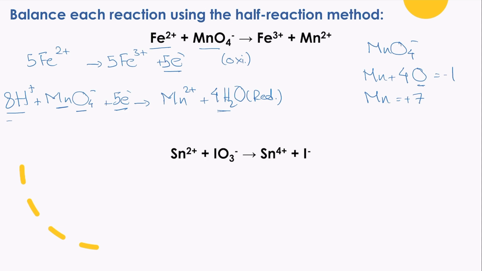Now we have to add the half reactions. Electrons will be cancelled out because the number of electrons produced from the oxidation reaction were used in the reduction half reaction. Now we need to add the reactants. So we have 5Fe2+, 8H+, plus MnO4-.